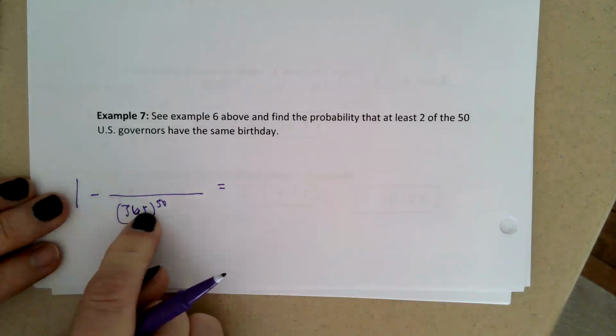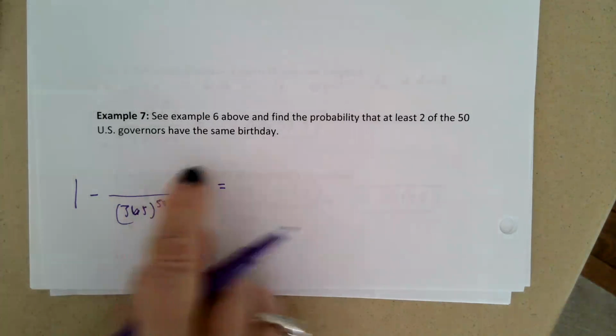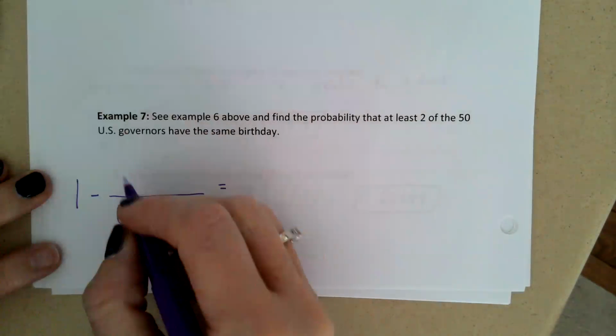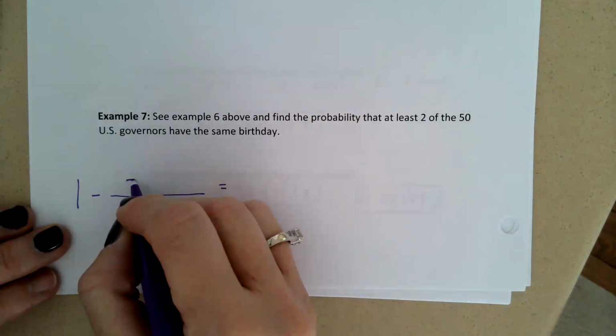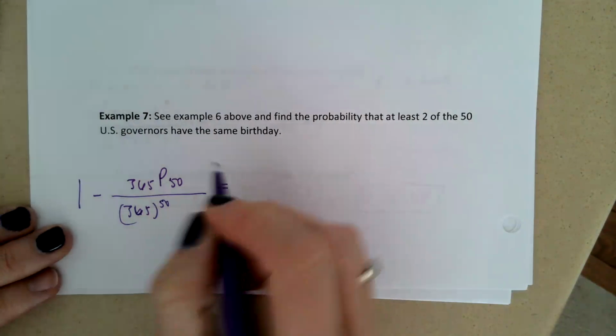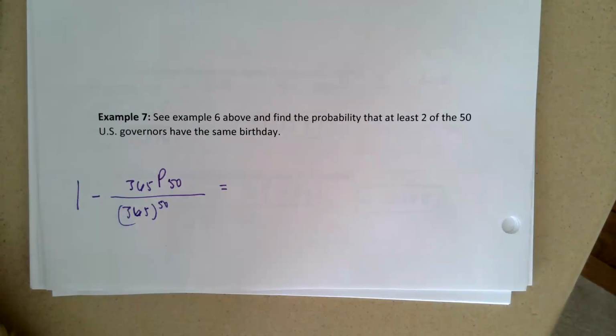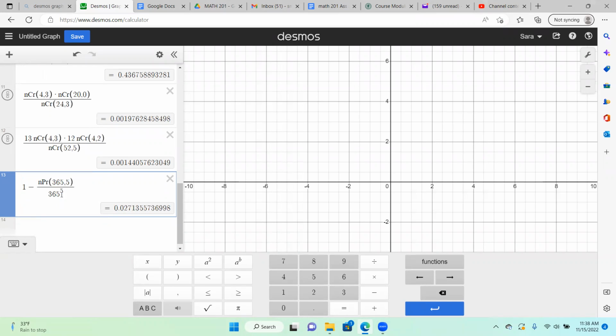So 1 minus 365 to the 50th. And then finding at least 2 of the 50 that match means that we're going to do 1 minus the probability that none of the 50 match. So that would be 365 permutating 50 people. So let's go back to Desmos and correct that. So that should have been my answer there.